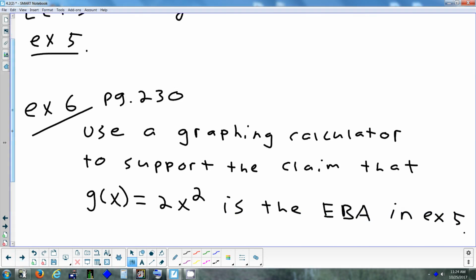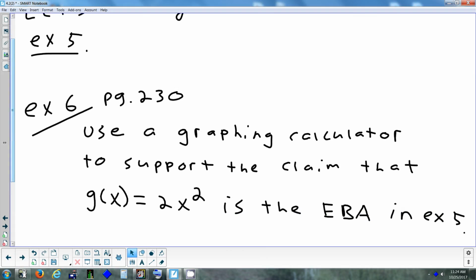All right, so let's verify what we just found in that last example. Let's graph the problem. Let's graph our asymptote, and let's see that this 2x squared is really the EBA. Let's do that.